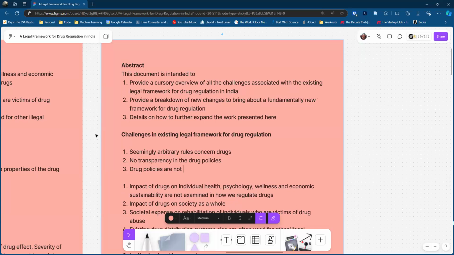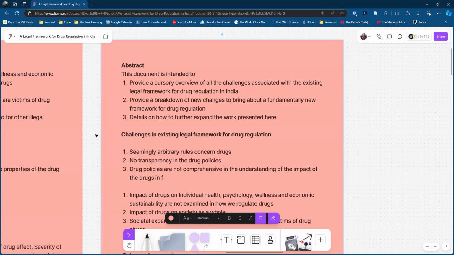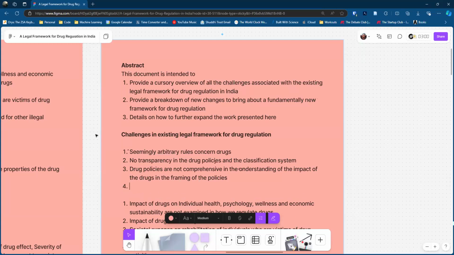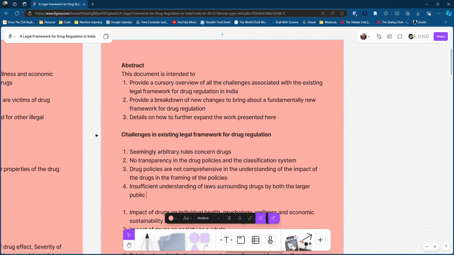Drug policies are not comprehensive in their understanding of the impact of the drugs in the framing of the policies. Insufficient understanding of laws surrounding drugs by both the larger public and law enforcement. Did you say larger public?